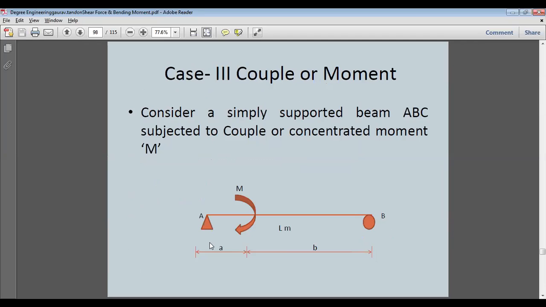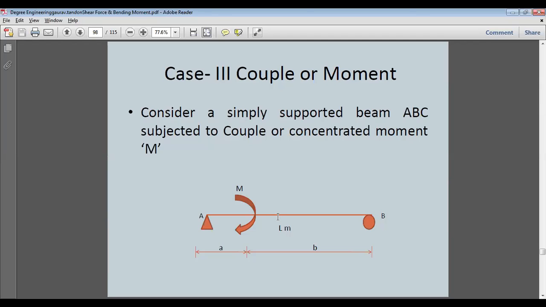Another condition is that if the simply supported beam is experiencing a couple or moment, we can see there is no direct loading, no direct force acting except one moment. In that case, the moment is trying to send this beam downwards. In other terms, we can say the beam is experiencing hogging. That means the curved surface is going upwards.